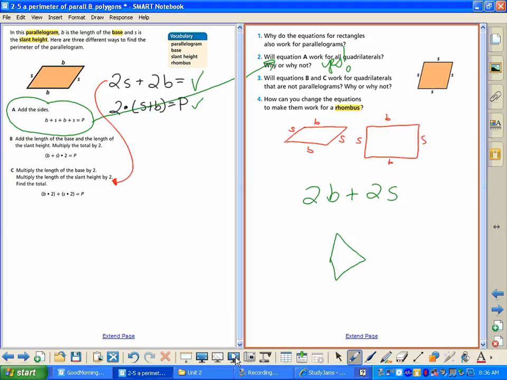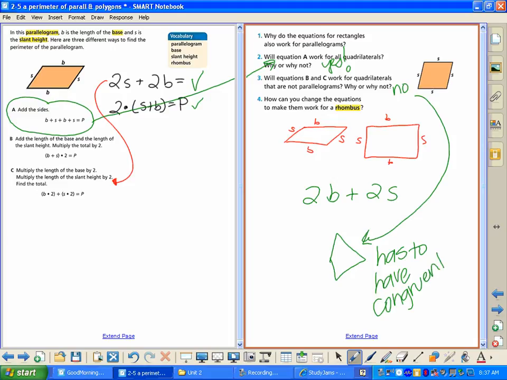No, because the quadrilateral will only work if it has congruent sides. I know another one that it won't work with. It's a crazy shape that looks like bamboo. So they have to have congruent sides for my equations to work.